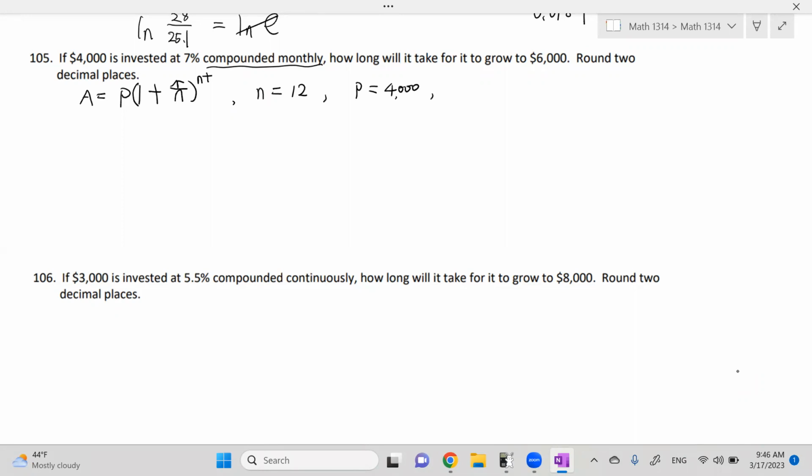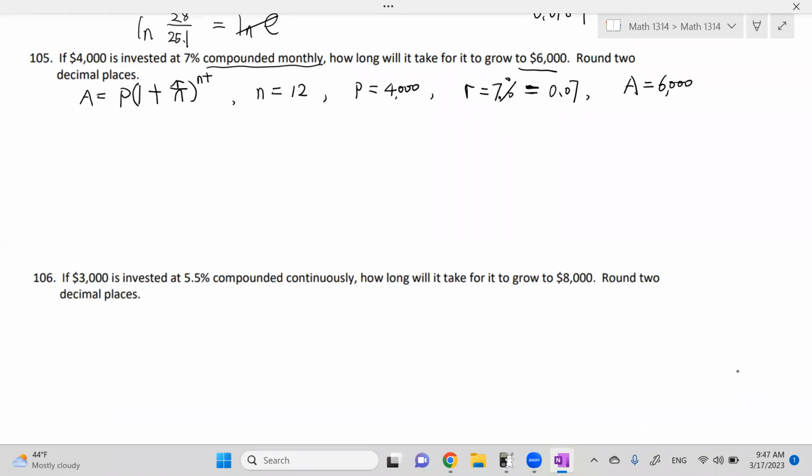And the interest, that's r, 7%. Can you convert it to decimals? Yes, we move the decimal point to the left 2 units. We have 0.07. And what else? We want to grow it to 6,000. So the final amount or future value A equals 6,000.